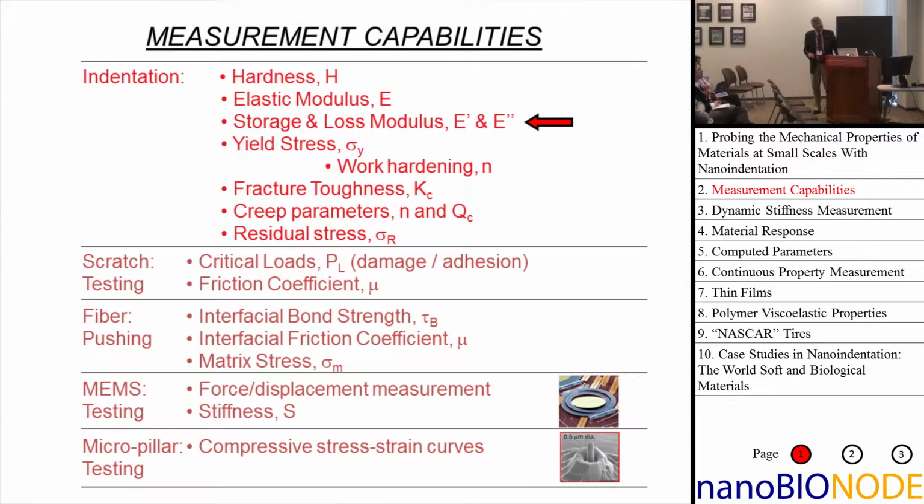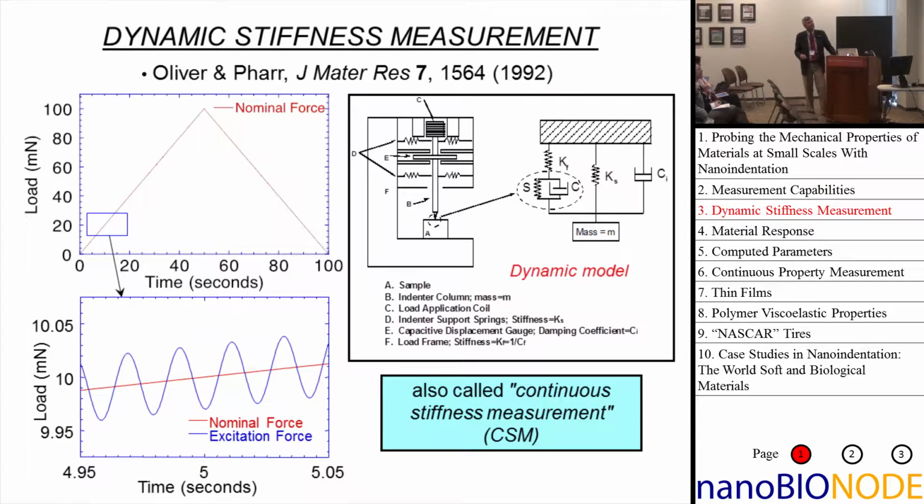And specifically, I want to go down to this item right here. Last time we did hardness and modulus. I want to get to storage modulus and loss modulus, because there's been a lot said about that, and that clearly is of great interest in the biological world. A lot of you are using the basic principles that are here and understand them well, but I think there are some people that don't. And so I'm going to do a Nano 101 talk on storage and loss modulus.